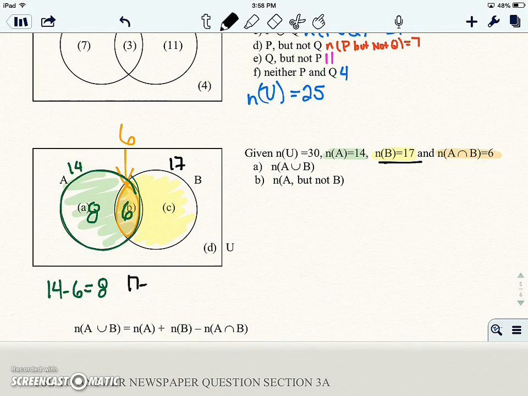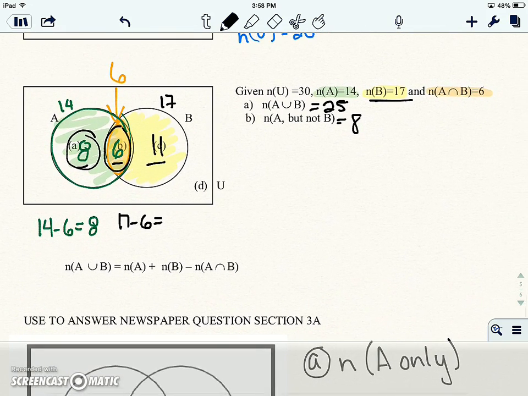So 17 take away the 6 that it shares with A, and we have 11. So how many are in A union B? Well, 8 plus 6 is 14, plus 11 is 25. How many are in A but not B? Well, that would just be 8. So you need to be able to do that.